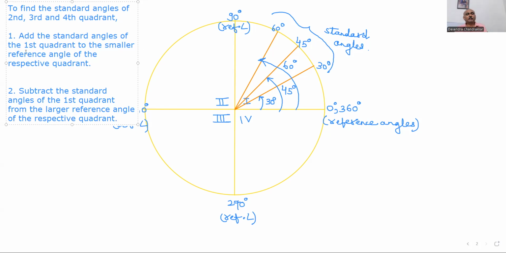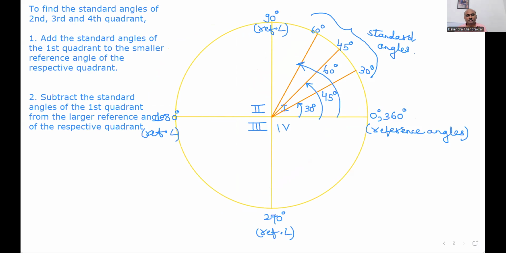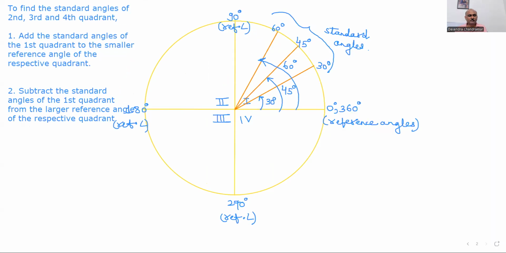Which is the larger respective reference angle of the second quadrant? 180 degrees, right? The larger reference angle of the second quadrant is 180 degrees. So subtract these standard angles of the first quadrant from 180 degrees. You will get this. So I'll do one for you. You have to do the rest of the third and fourth quadrant for me, okay?